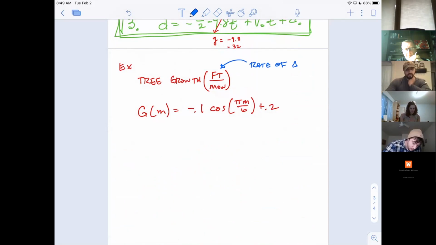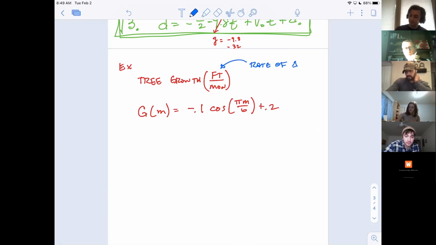But trees don't operate according to gravity. So why do you think I made up a cosine graph for this? Why would a tree's growth increase and then decrease, and then increase and then decrease? Because of seasonal growth patterns. Exactly. So I made this up. I didn't look this up someplace.